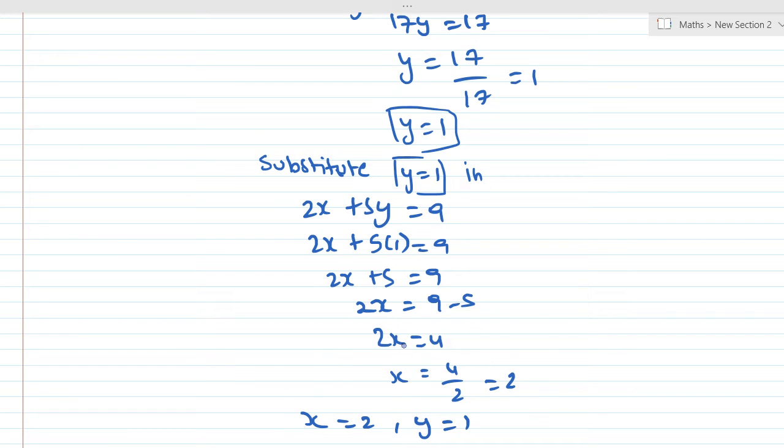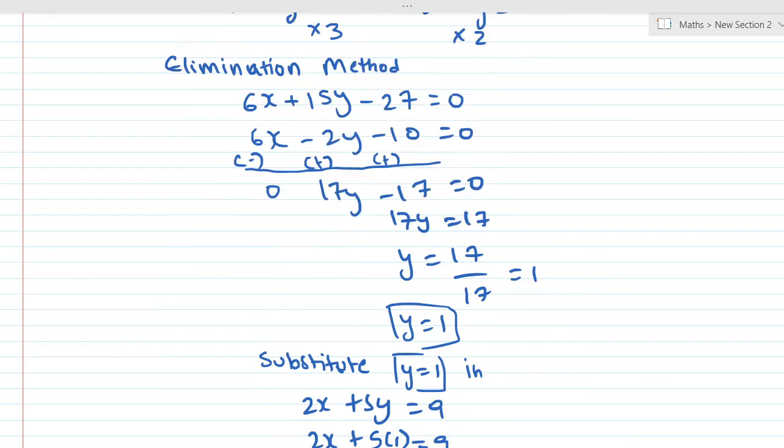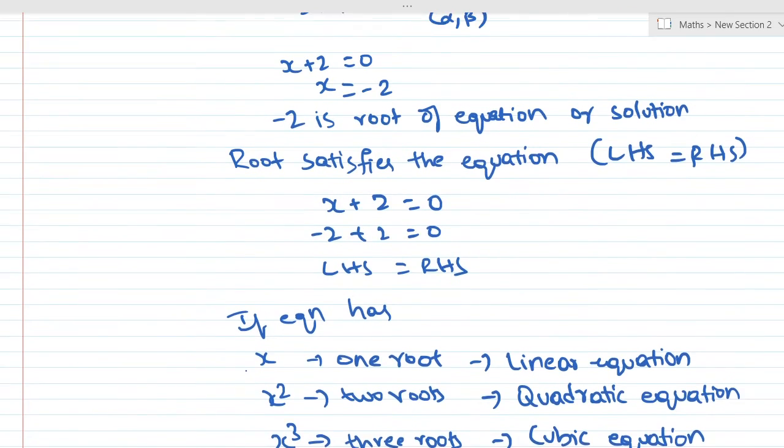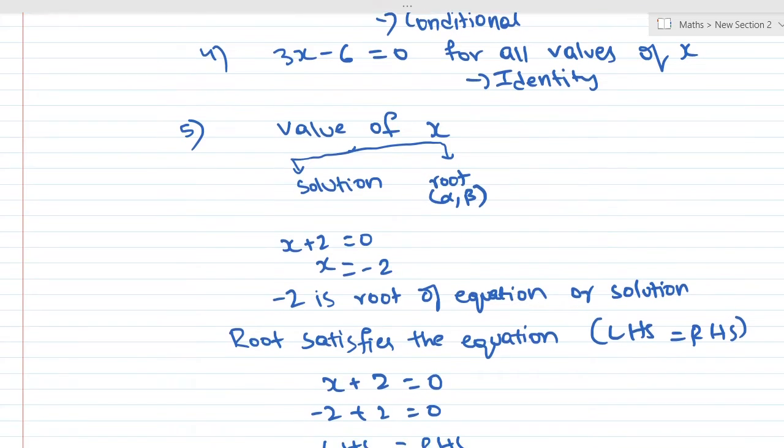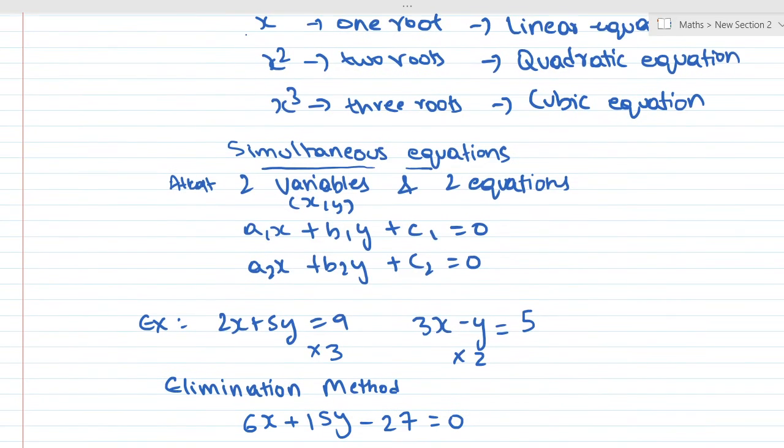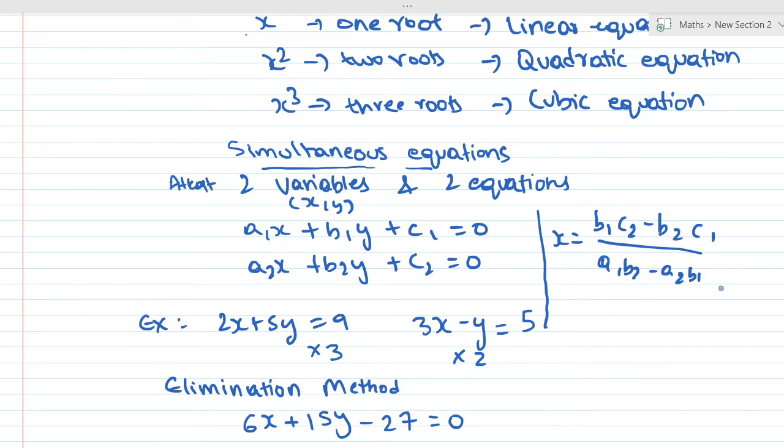Instead of that, we have another method called the cross multiplication method, by which you can easily get the value of x and y. In this equation, the value of x will be b1 c2 minus b2 c1 divided by a1 b2 minus a2 b1.